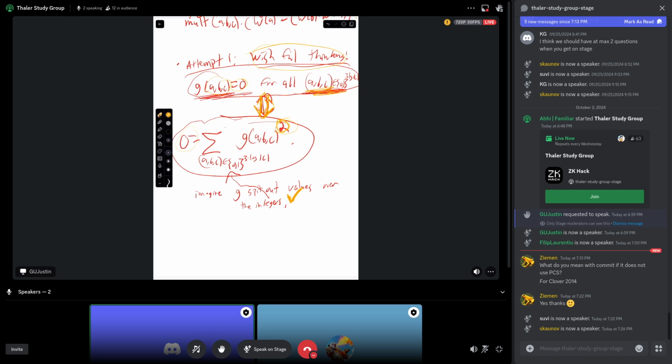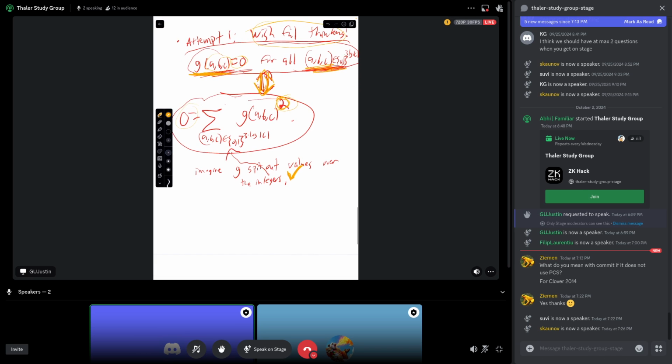Okay, the problem is this sum is actually over a finite field because G is a polynomial defined over a finite field. And over finite fields, you can actually sum up a bunch of perfect squares, not all of which are 0, and get out 0, right? Like numbers can just wrap around to 0.